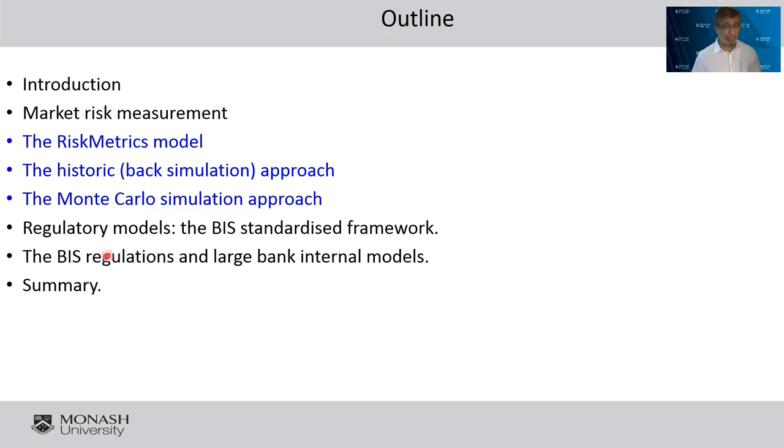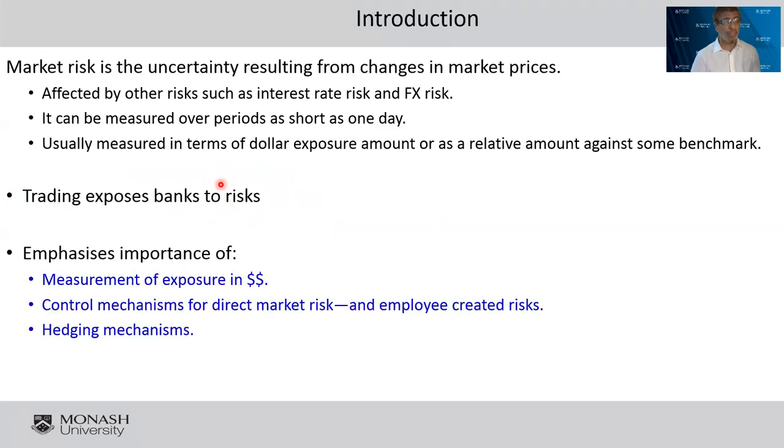When we talk about regulatory models, the regulators are concerned about whether your exposures in market risk will be covered by your capital. Therefore, this is part of the calculation of capital adequacy, which will come in week 11. But now we are talking from the private perspective, which is this blue font.